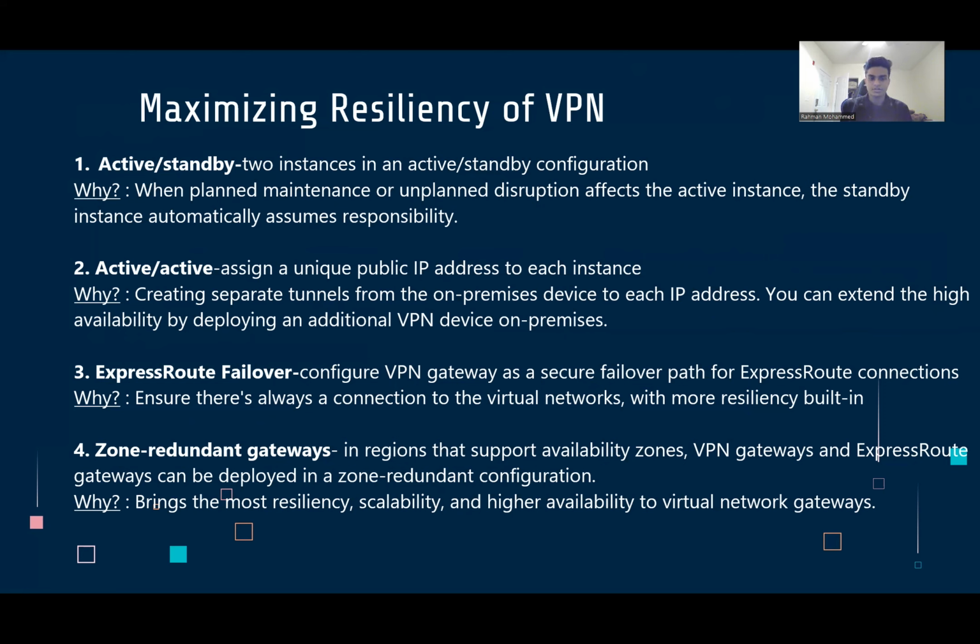And then you have the express route failover one. This one just ensures that there's going to be connection to virtual networks. The nice thing about the express route failover is that there's going to be built-in resilience. And then there's zone redundant gateways. This one uses express route failover and a VPN gateway, so this one will be the most resilient, scalable, high availability in terms of VPN gateways.